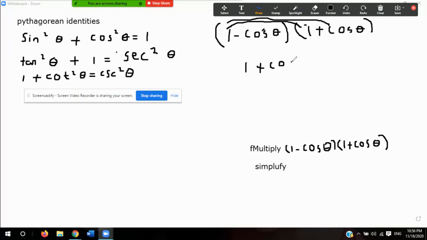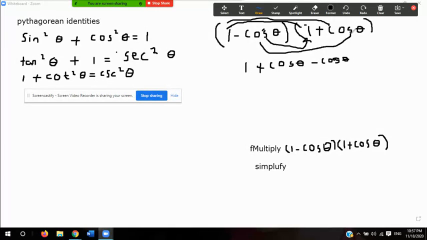1 plus the cosine of theta. And we're going to do the same thing here. So the negative cosine of theta times 1 is minus the cosine of theta. And we're going to multiply the negative cosine of theta times the positive cosine of theta.